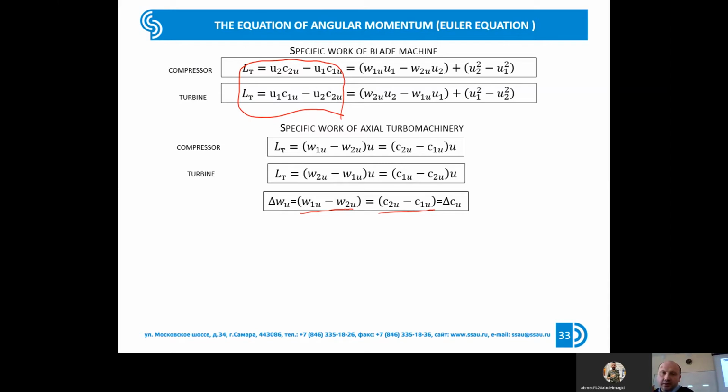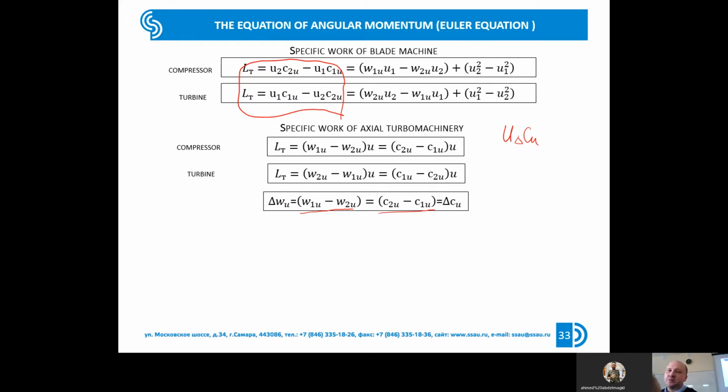So what else? Typically, during some talks, during some explanation, we could not use the name Euler equation. Maybe in worldwide practice the Euler equation is used, but in Russian practice, we simply say U multiplying by delta Cu.